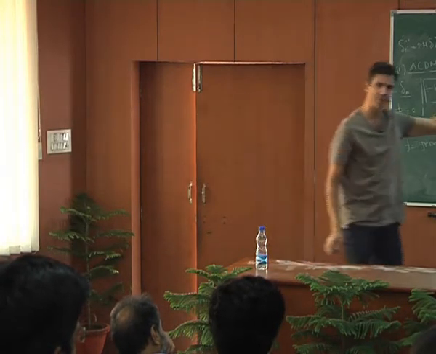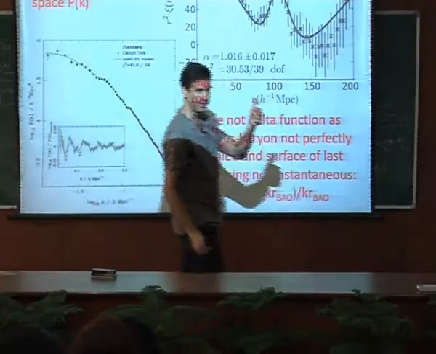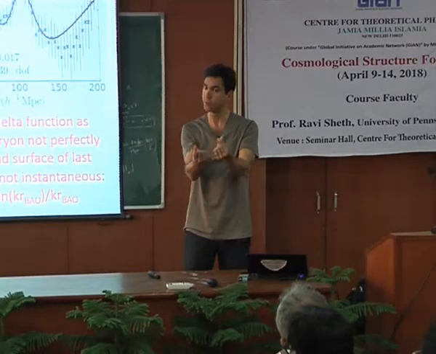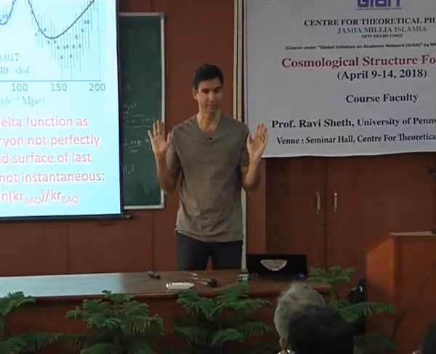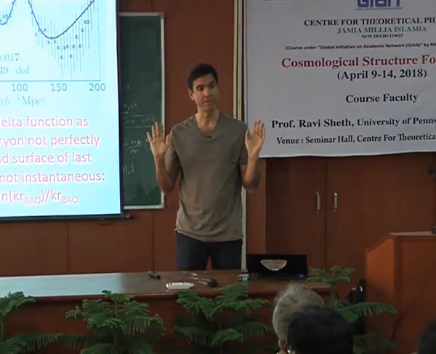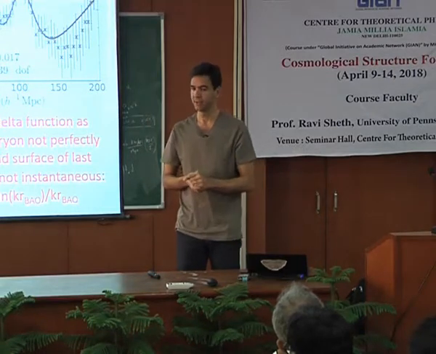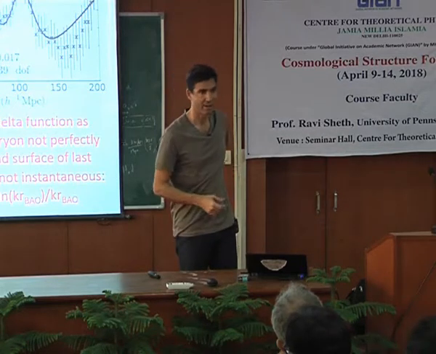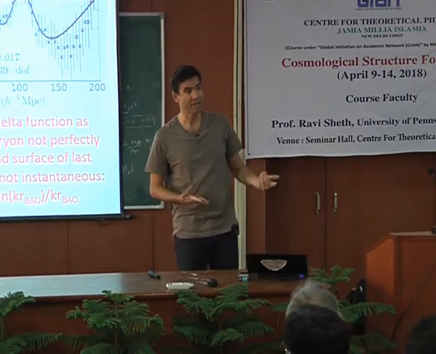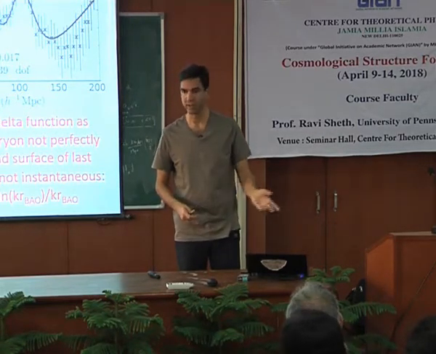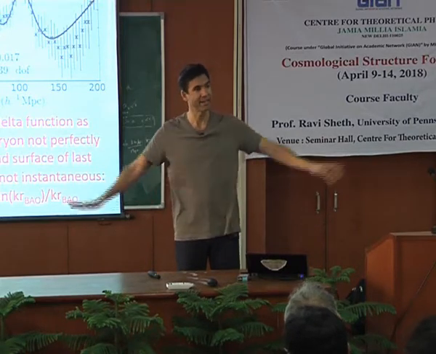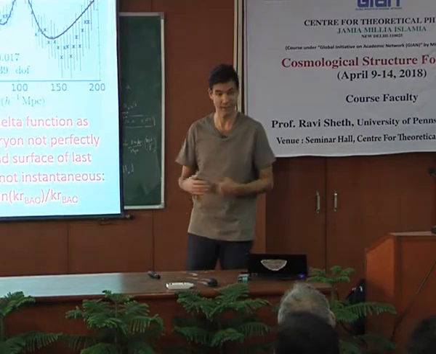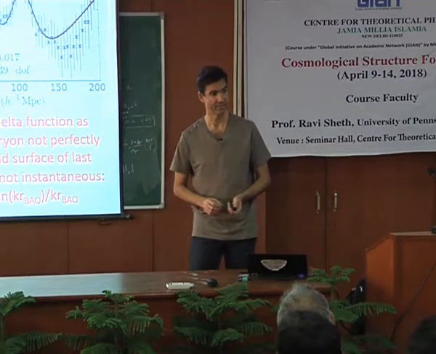There should be a number density of galaxies times a volume, and that volume should be 4 pi r squared dr. So you sit on a galaxy, you count how many are in the shell of radius r, you subtract 4 pi r squared dr, and what remains is the extra that you got because of this effect.